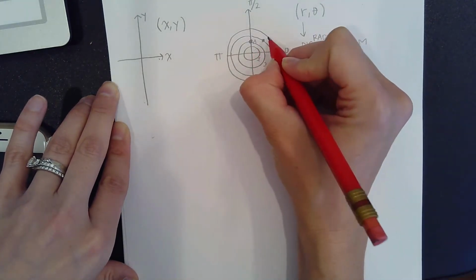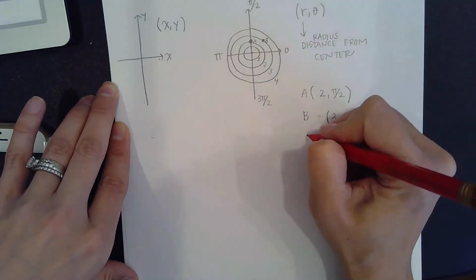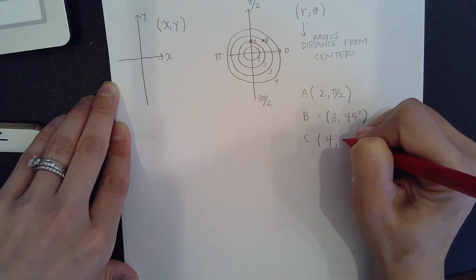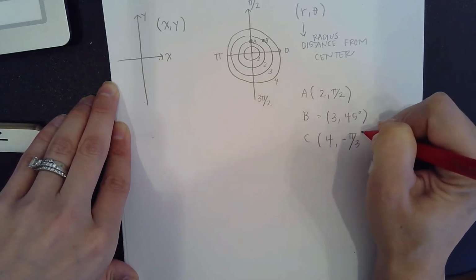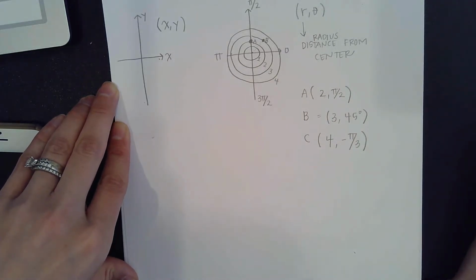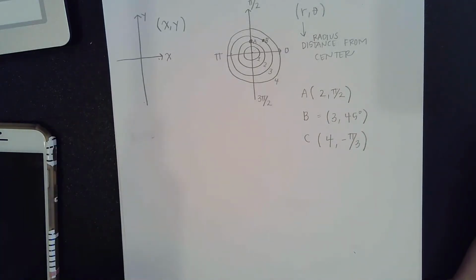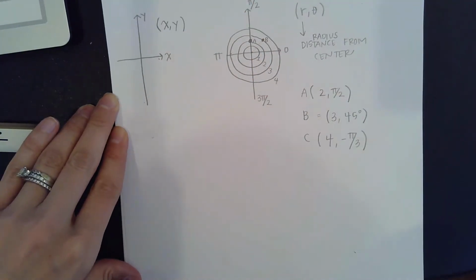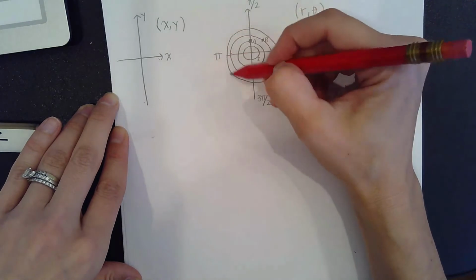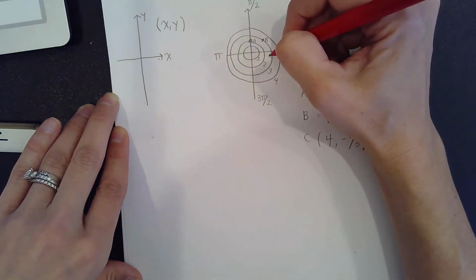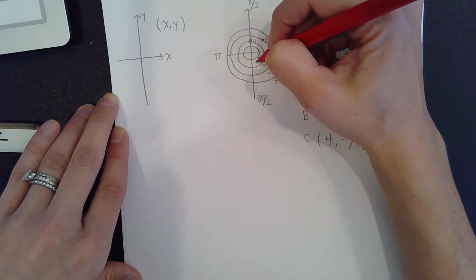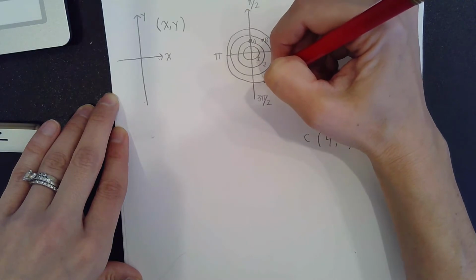So this is point B. If I said (4, negative pi over 3), 4 would be on the 4th ring, and a negative pi over 3 opens this way, clockwise, so it's somewhere down there.